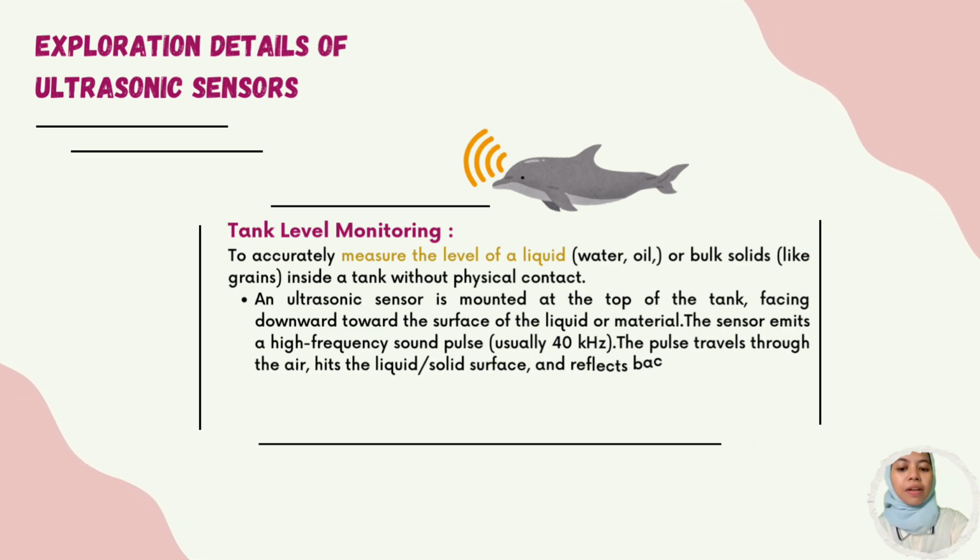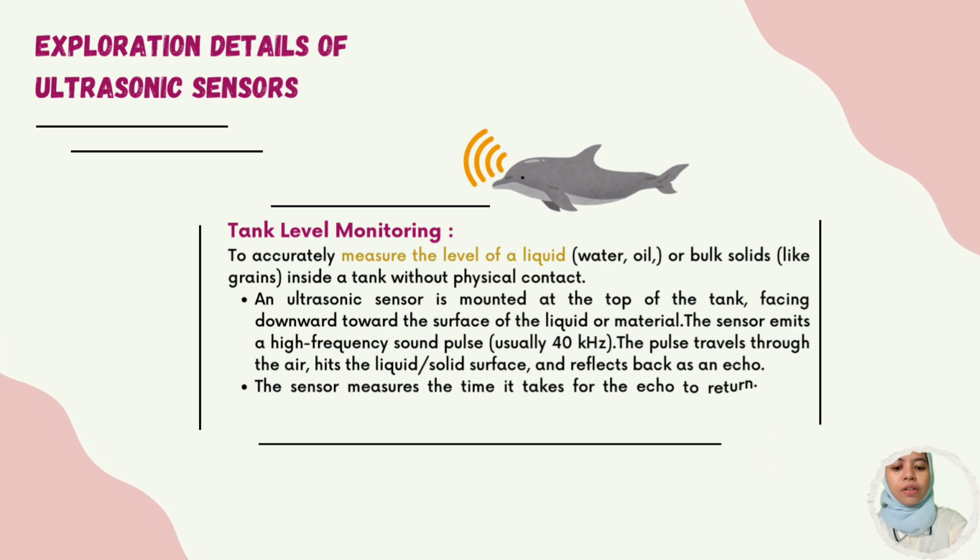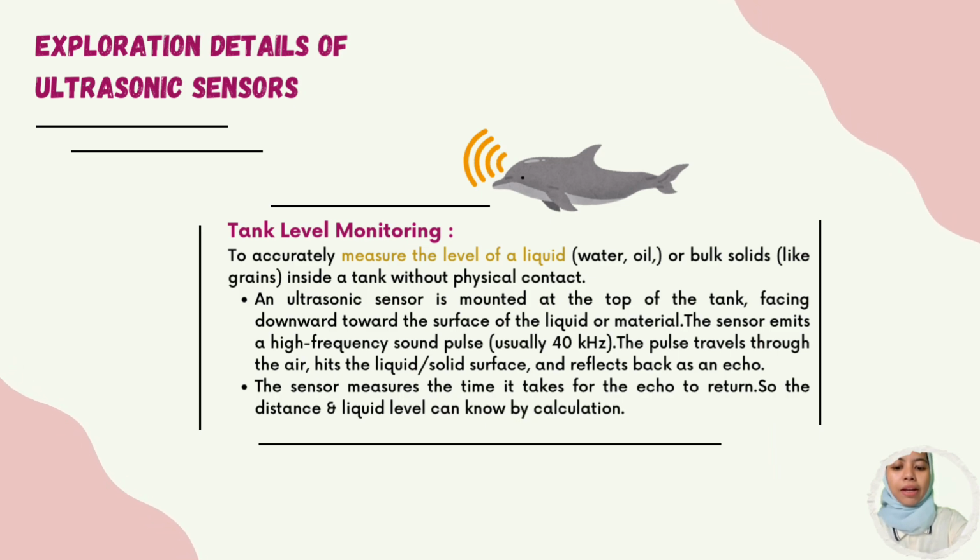The sensor emits a high-frequency sound pulse. The pulse travels through air, hits the liquid or solid surface, and then is reflected back as an echo. The sensor measures the time it takes for the echo to return. So, the distance and liquid level can be known by calculation.